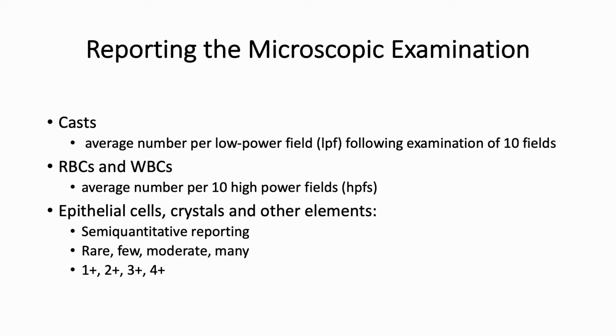Epithelial cells, crystals, and other elements are frequently reported in semi-quantitative terms such as rare, few, moderate, and many, or as 1+, 2+, 3+, and 4+, following the laboratory format as to the use of LPF or HPF. Laboratories must also determine their particular reference values based on the sediment concentration factor in use.